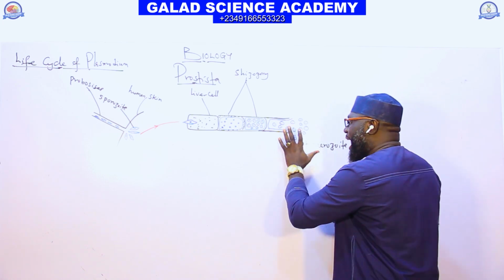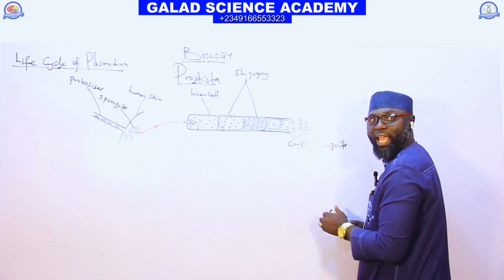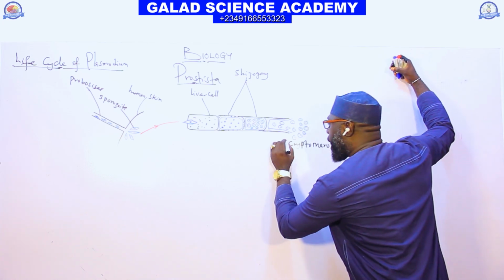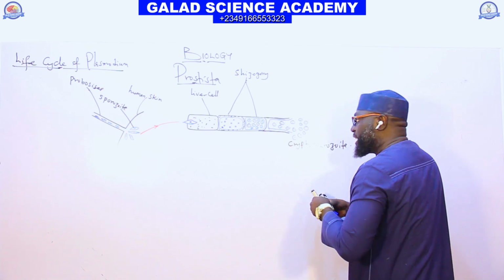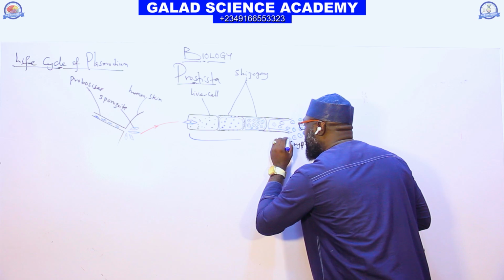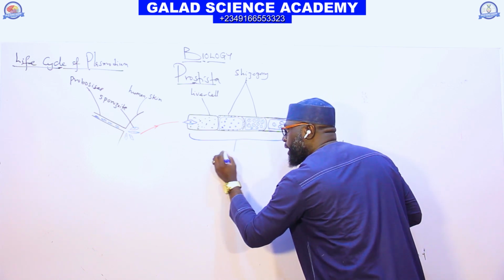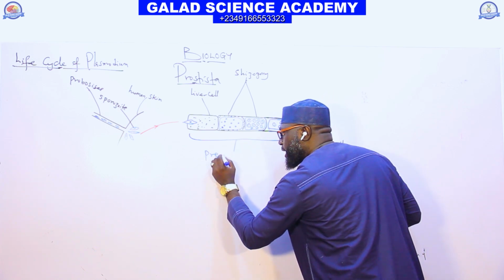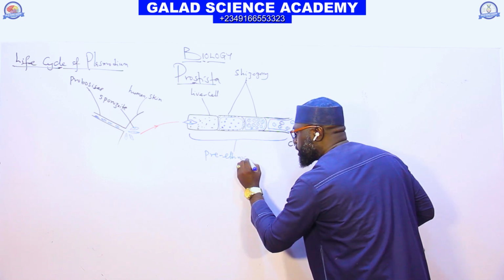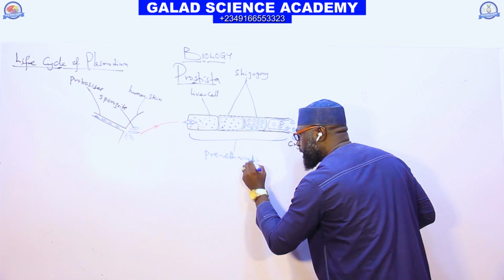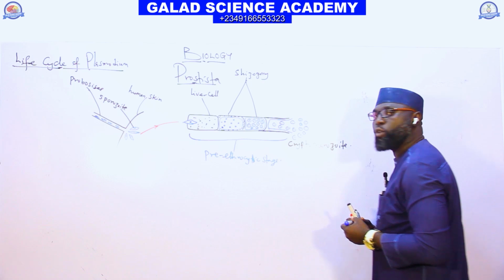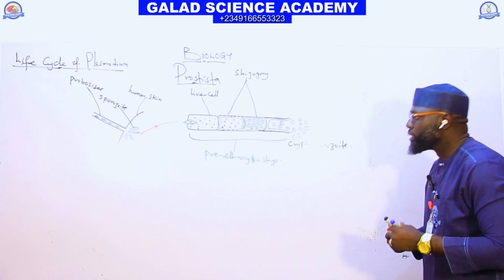And the reaction that takes place here, we can also call the pre-erythrocytic stage of the life cycle of Plasmodium.